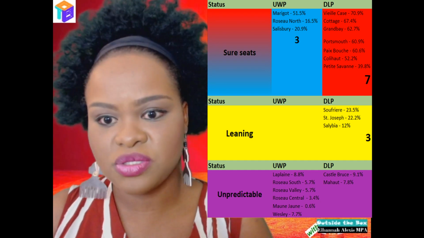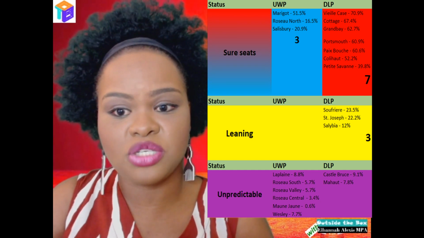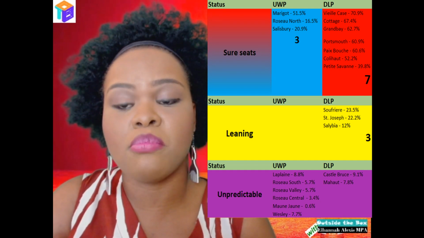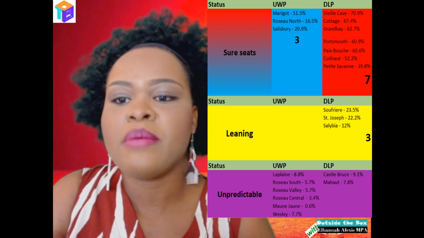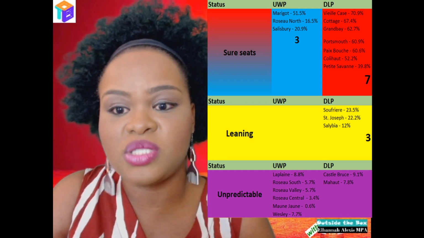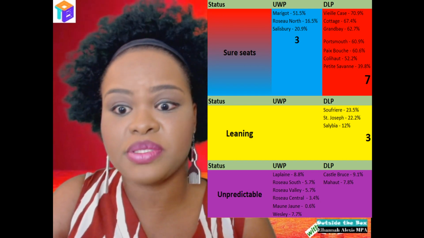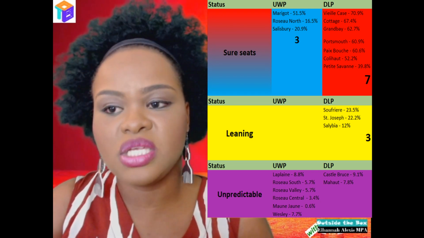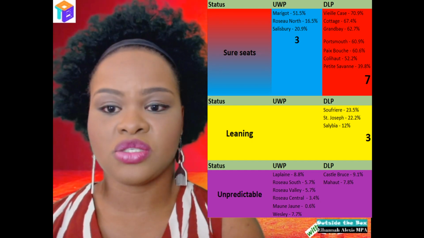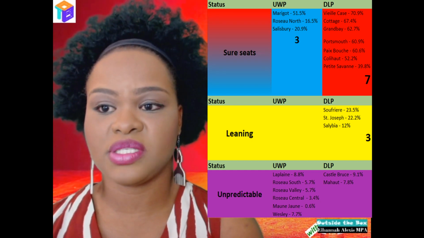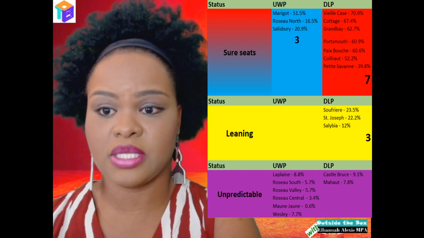And the Petit Savan constituency, although the United Workers' Party has put in a new candidate and she may be getting more votes for the United Workers' Party than in the previous elections, it's not going to be anything to take the United Workers' Party all the way across that 39.8% lead. So these 7 seats are going to stay with the Dominica Labour Party. So this is how it's going to be. So we have 7 sure seats for the DLP, and 3 sure seats for the United Workers' Party.